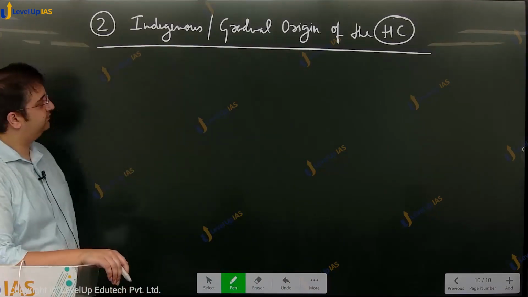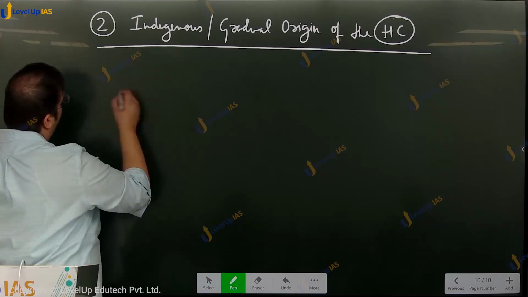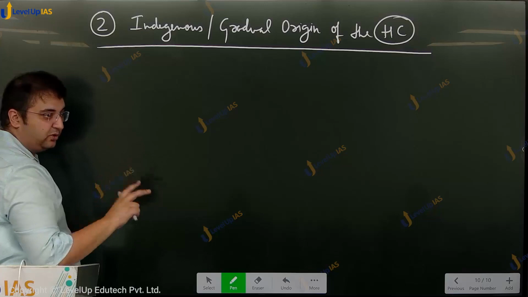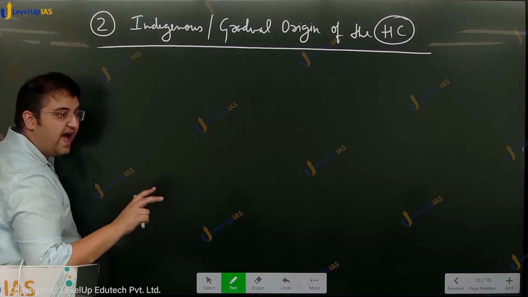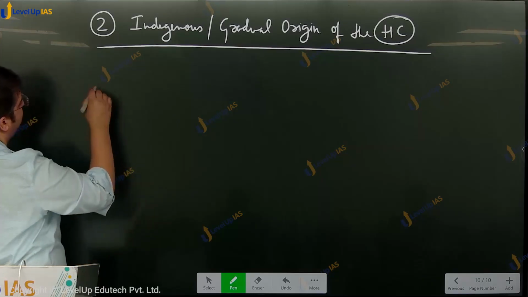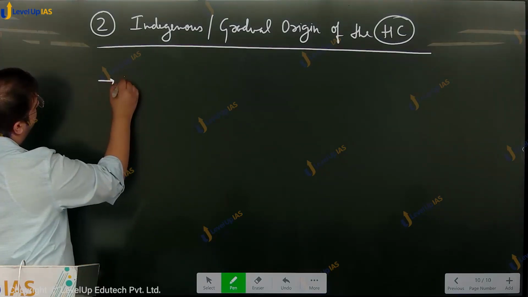Right? Now, in the northwestern portion of the subcontinent, agriculture started as early as around 7000 BCE, marking the beginning of the Neolithic age.